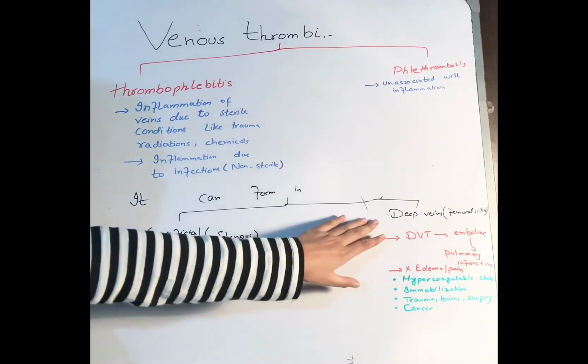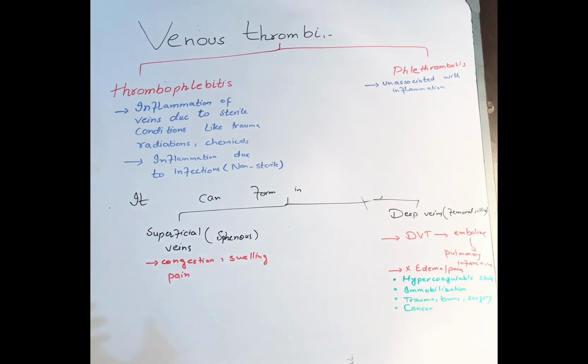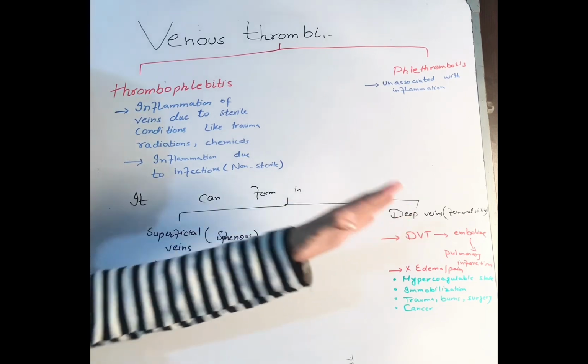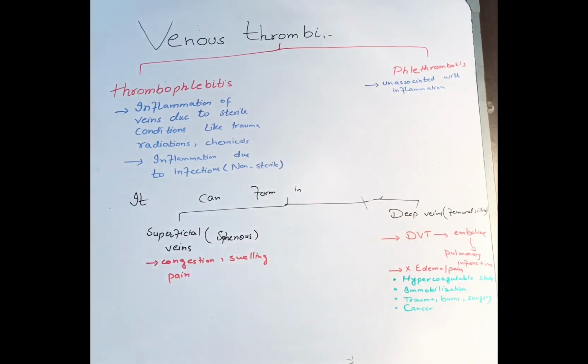While in deep vein thrombosis, there is no pain, no edema, no congestion. Why? Because in deep vein thrombosis, there are some collateral channels opening that will prevent edema and pain. And these deep vein thrombi have the risk to embolize to the lungs, and in the lungs they will lead to pulmonary infarction depending upon their size.